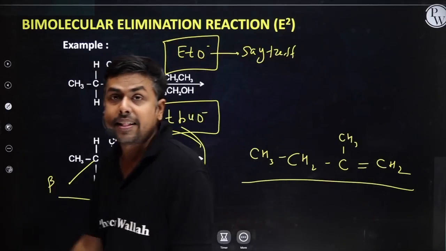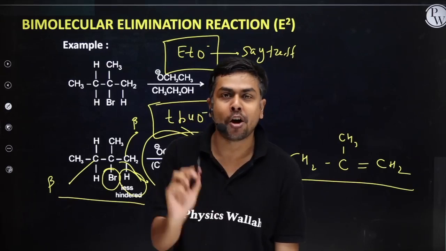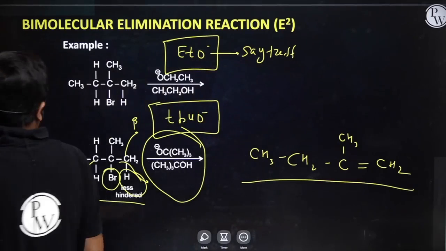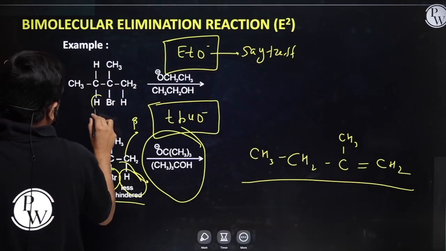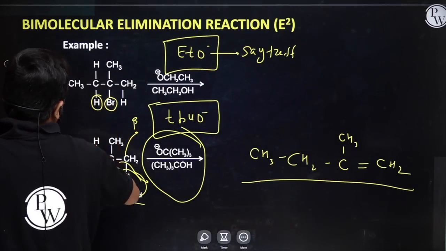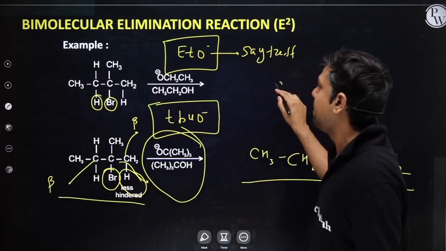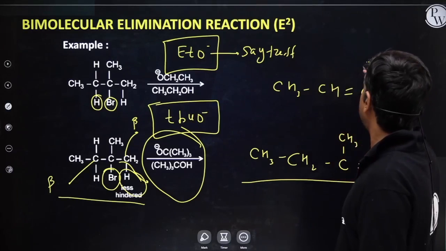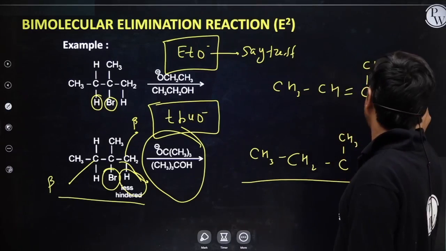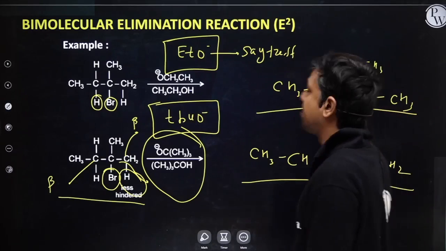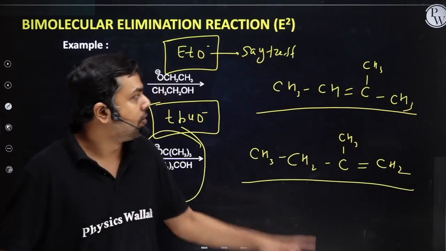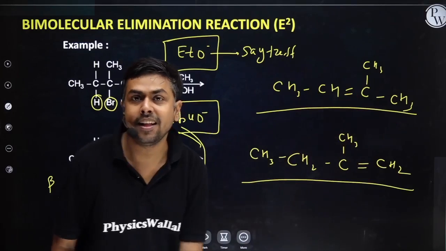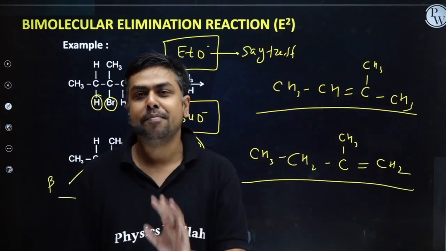And in Saytzeff alkene, you remove hydrogen from a more substituted beta carbon. So here you are going to remove this hydrogen and this halogen. So the product formed will be CH3, CH, doubly bonded C, CH3, CH3. Am I clear, student? So the first one is the Saytzeff alkene, the second one is the Hofmann alkene.